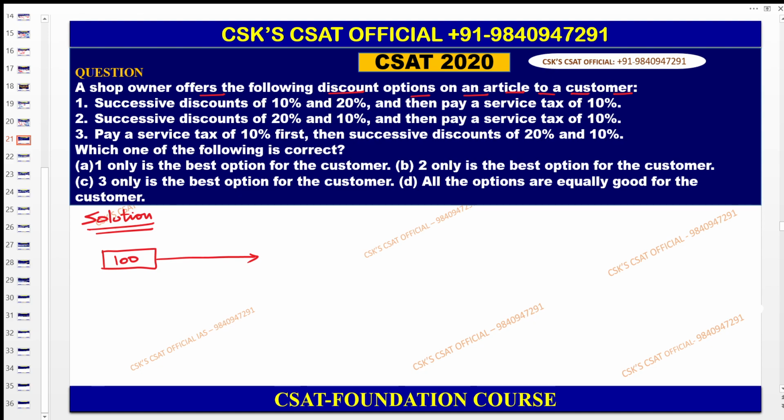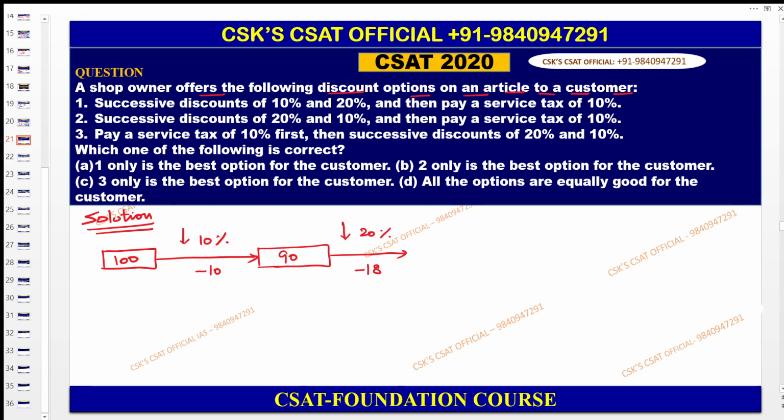Successive discounts of 10%. So here 10% discount means minus 10. Then automatically the rest is 100 minus 10, that is nothing but 90. Then again a discount of 20%. Now you need to calculate with respect to the 90. 20% is nothing but 18.